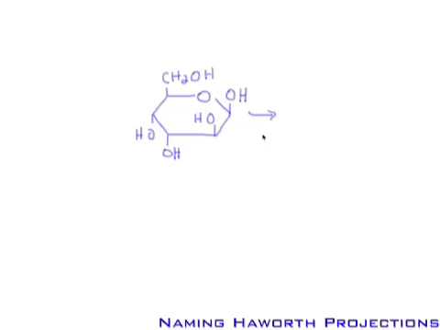Okay, so I'm going to convert this to the Fischer. And you start with the anomeric carbon. Remember, above the plane was to the right. Above the plane's to the right. Right is below, left is above. Above the plane's to the left.